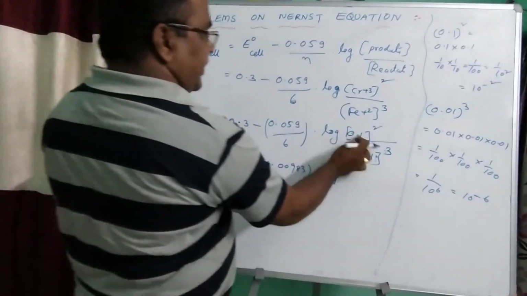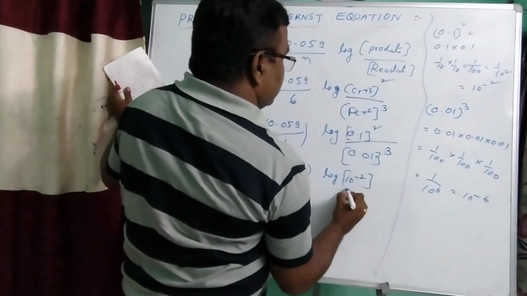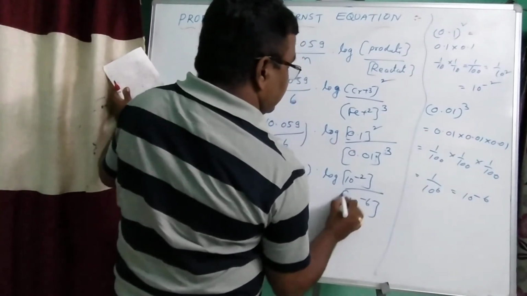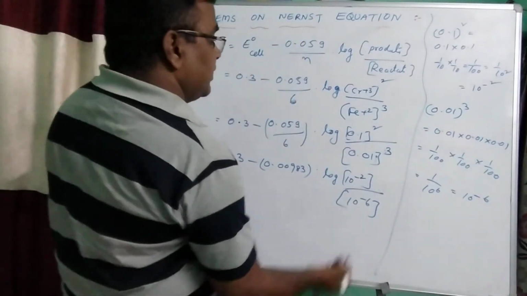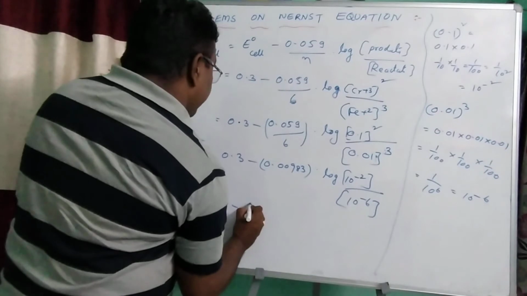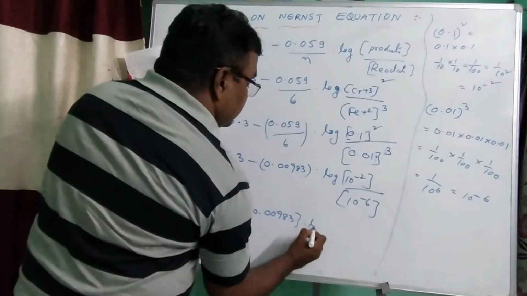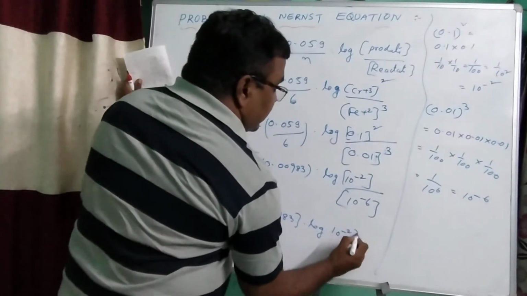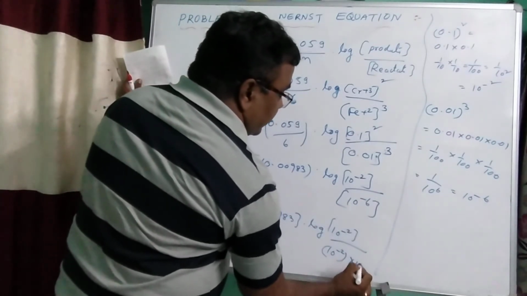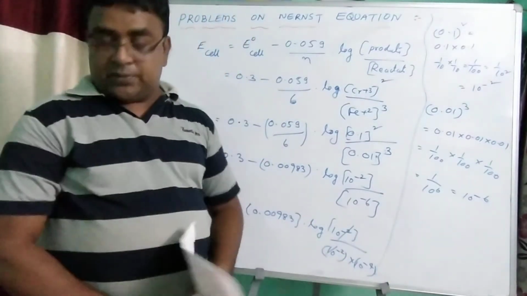So we write 0.1 whole square as 10 power minus 2 by 0.01 whole cube written as 10 power minus 6. So that is 0.3 minus 0.00983 into log of 10 power minus 2 by 10 power minus 6, which we write as 10 power minus 2 into 10 power 4. So here 10 power minus 2 cancels.